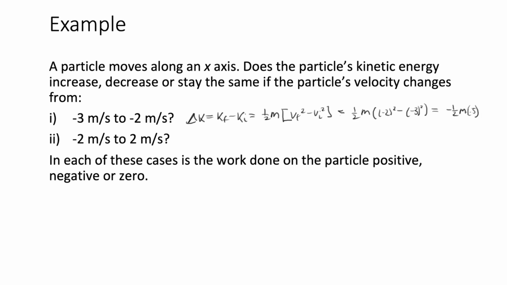And so the kinetic energy has decreased. So decreased. And for this second one, part 2, I've got that the change in kinetic energy is equal to a half m. And now I've got the final speed, which is 2 squared, minus the initial speed, which is minus 2 squared. And so this is equal to 0. So it stays the same.